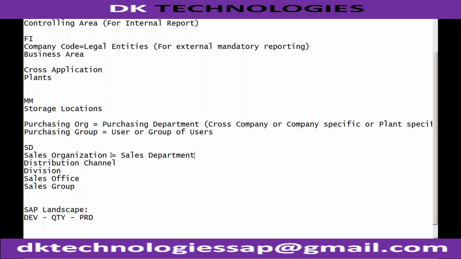There is a separate sales team responsible for fertilizers, a separate team for insecticides, pesticides, or I can have a common team responsible for all the different kinds of products. That depends upon the company, whether they want the same sales department or an independent sales department for each product.